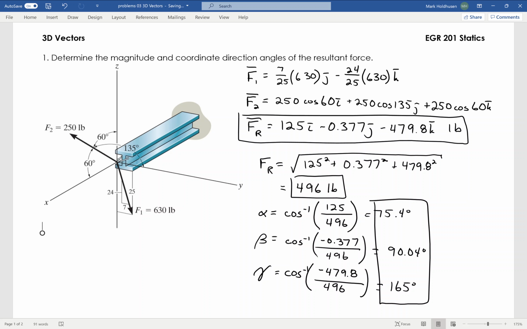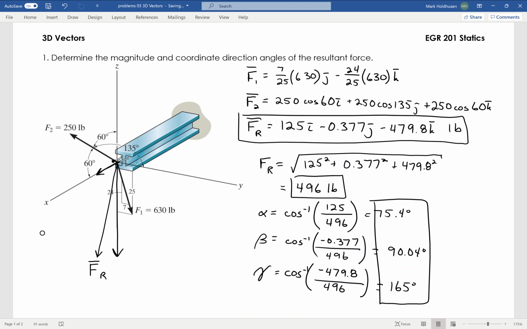I've got 125 in the x, negative 480 in the negative z, and then just ever so slightly in the y. So that resultant force is down like this.